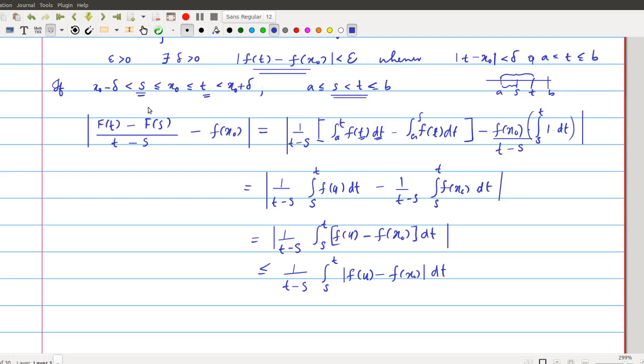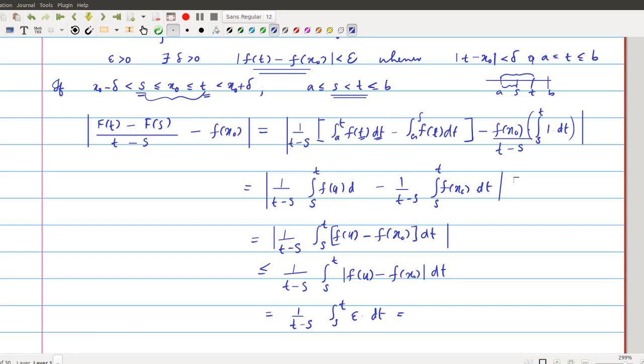If we take u from this interval, where the variable of integration lies, then that is always less than delta. So we write this as 1 by (t minus s) integral s to t. This is less than epsilon, so epsilon can be taken out, and you also replace this t by u here.